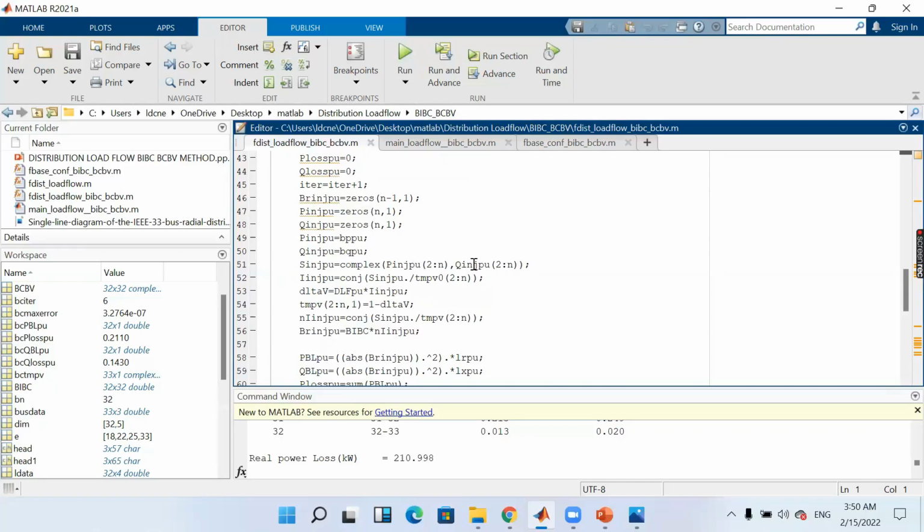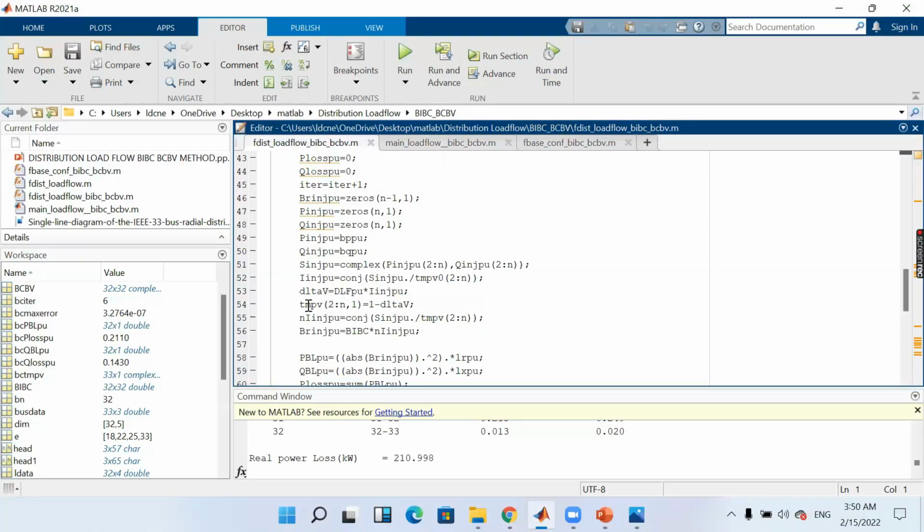And one thing we have to keep in mind, we have to consider only the load from bus 2 to the last bus, that is, bus N. After that, we have to calculate the current injection at those buses, which can be calculated by this formula. Then delta V, that is del V, can be found by DLF into current injection.